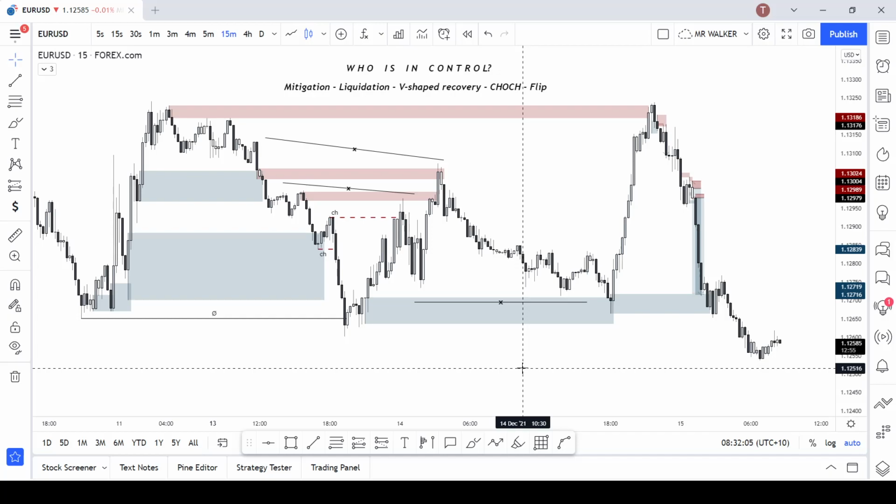And the problem is that we don't really know what supply and demand will play out eventually, right? We may anticipate, we may expect this or that supply and demand to hold, but we don't really know that for sure. It all comes down to the reaction this or that supply gives us. If there is no reaction on lower time frames, then you just delete the markup of that supply demand, right?